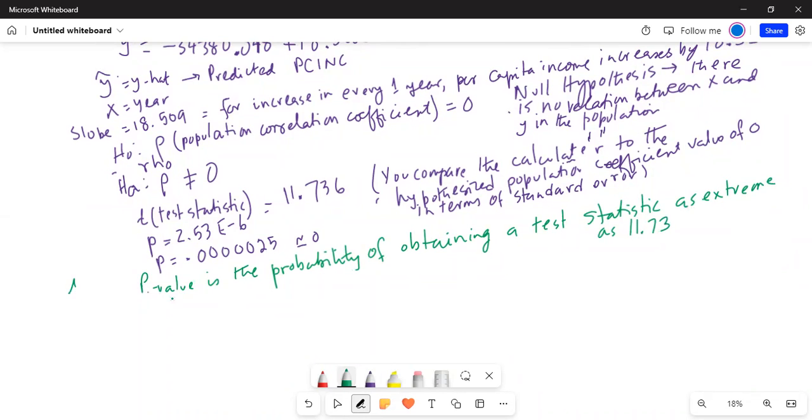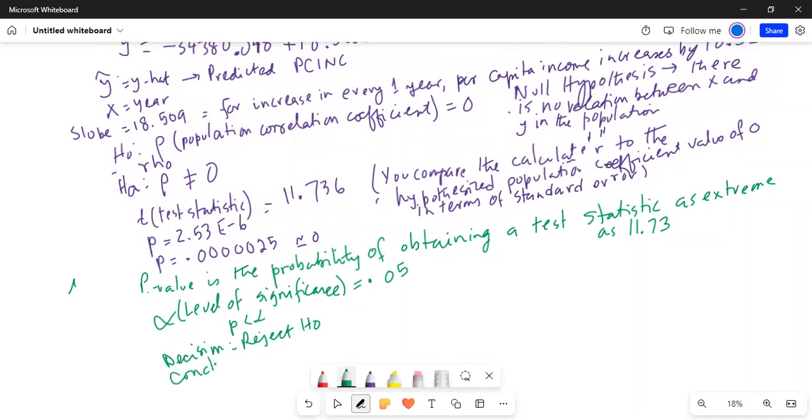Now compare P with alpha. Alpha, remember, is the level of significance that is given as 0.05. P is less than alpha. Decision: reject H0.